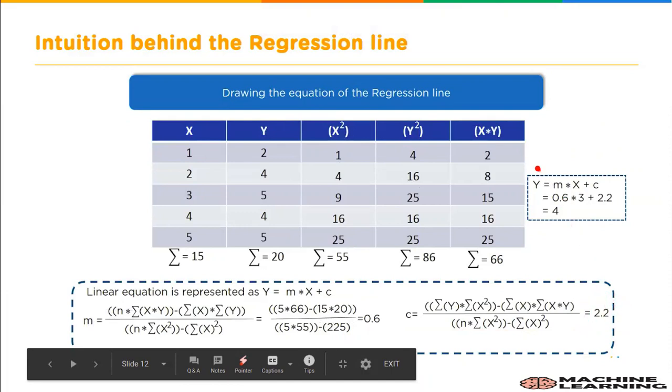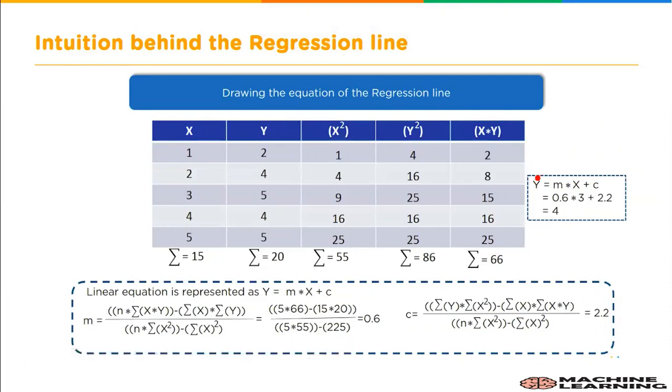Okay. So what they do, they create an equation, y equal to mx plus c, and they take the value of x equal to 3. When they put the value of x equal to 3, they get y equal to 4. So my question is this: why do they put the value of x equal to 3 only? Even though we have 1, 2, 3, 4, 5.